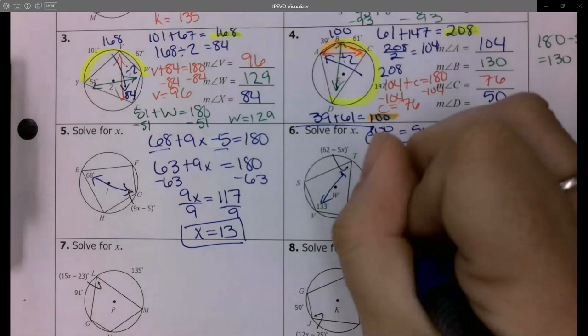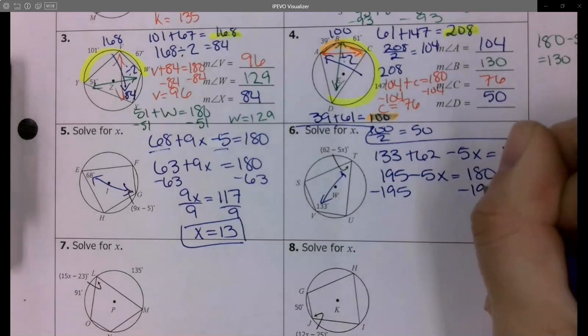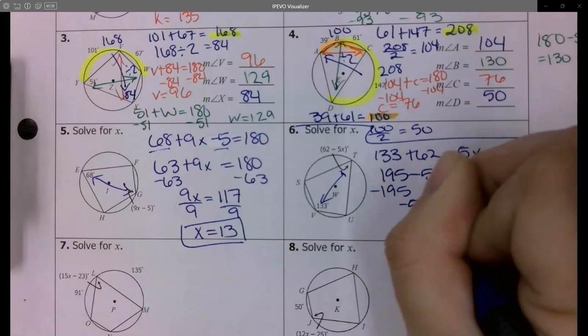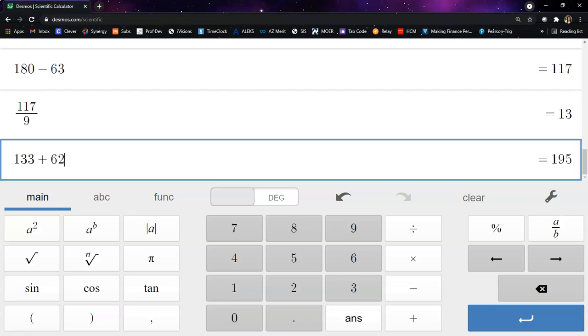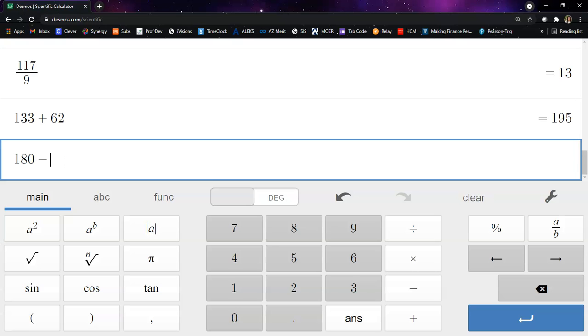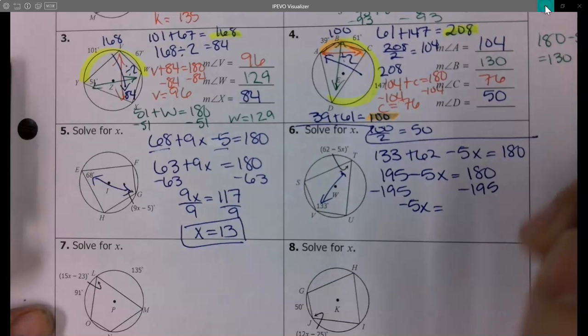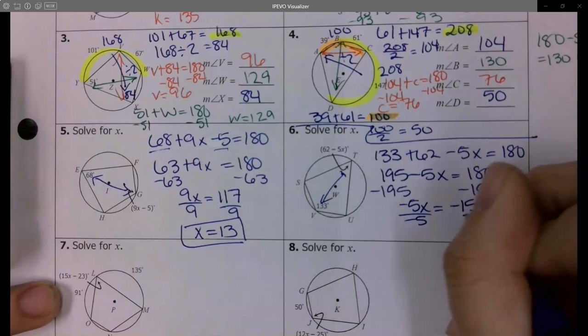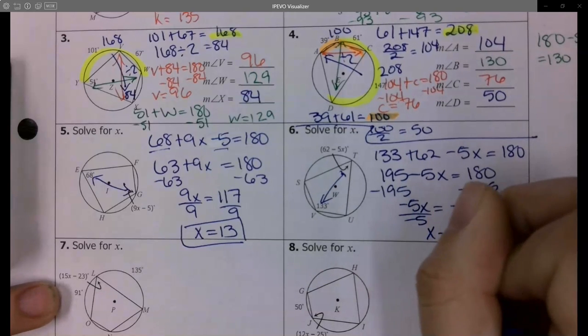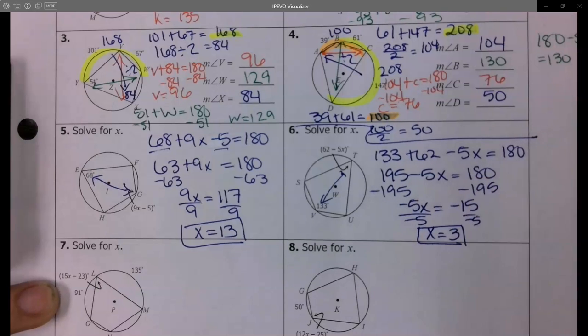Then I want to go ahead and subtract 195 from both sides. So I get negative 5x on the left, and then 180 minus 195 gets us negative 15. So then I can go ahead and divide both sides by negative 5, which gets me x equals positive 3.